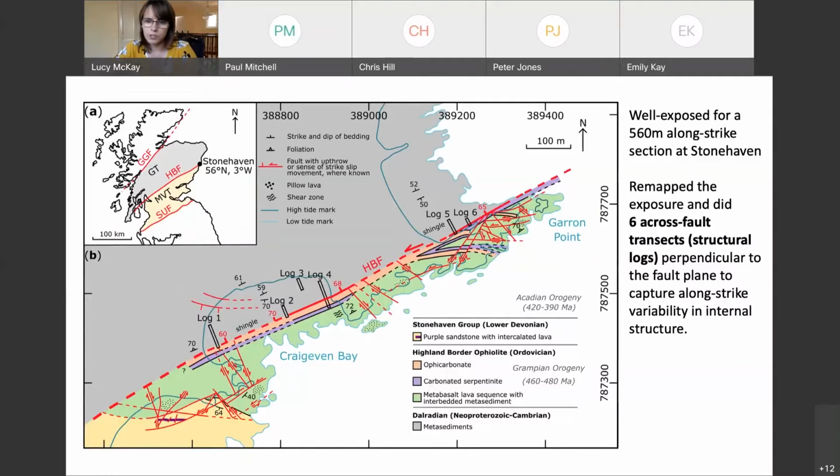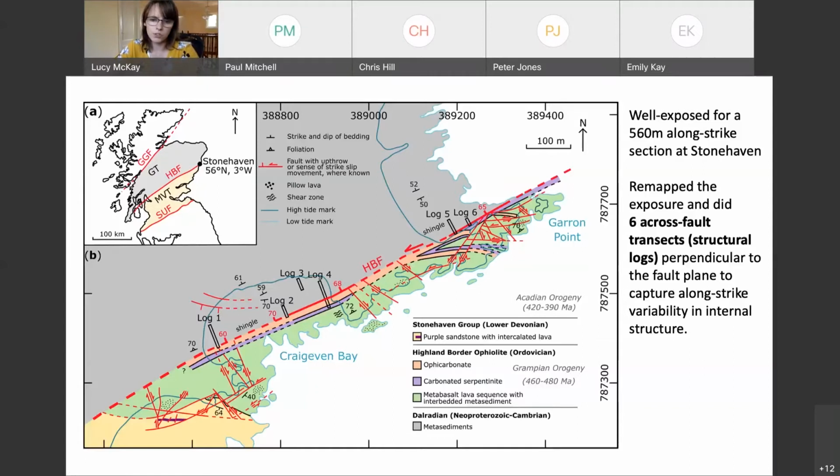So the Highland Boundary Fault is thought to have been active during 2 events of the Caledonian orogeny. So the first event was the early Ordovician Grampian orogeny, about 480 to 460 million years ago, and then the Mid-Devonian Acadian orogeny, which was 420 to 390 million years ago. And like the San Andreas fault, the system has grown and evolved through time.